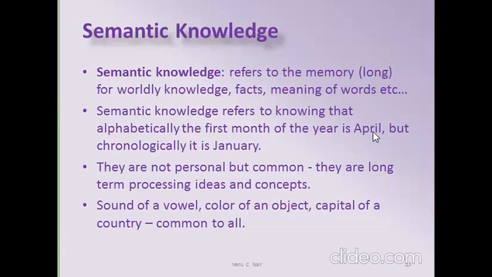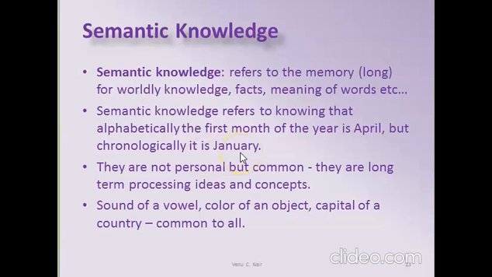There are only 2 months that begin with the letter A. One is April and the other is August. So when we compare these two, April comes before August, is it not? So alphabetically the first month is April, but chronologically it is January.